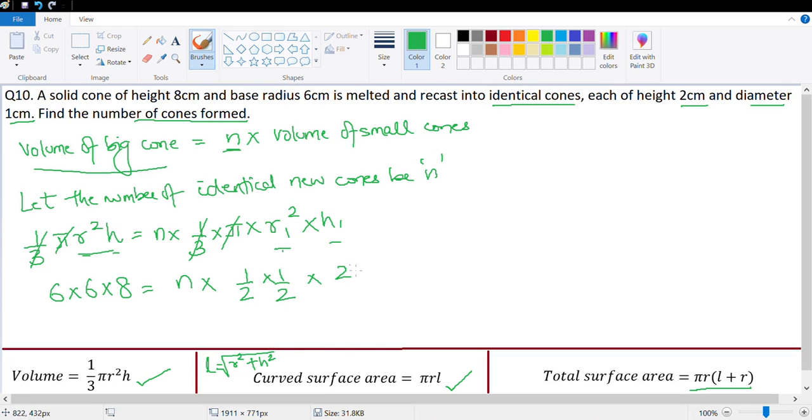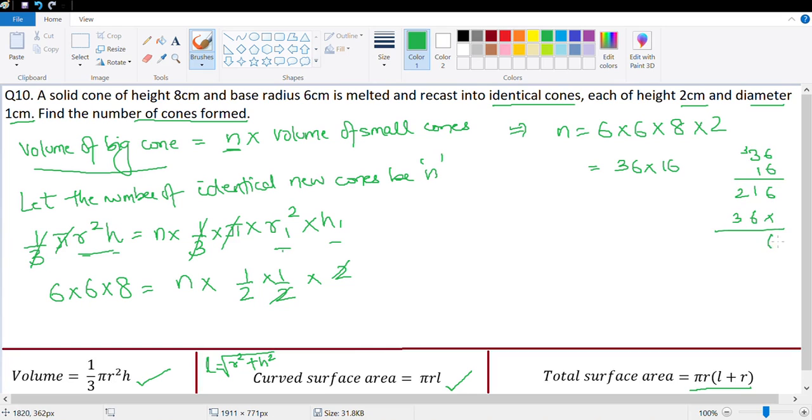So 2 and 2 get cancelled, which means n is equal to 6 into 6 into 8 into 2, which is 36 into 16. That is equal to 576. Therefore 576 cones are formed.